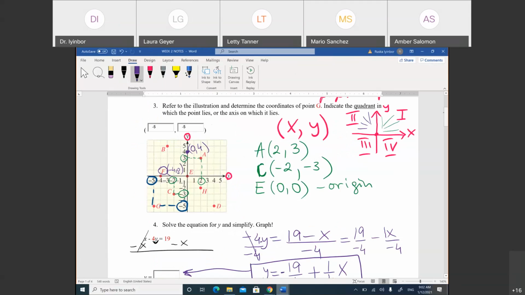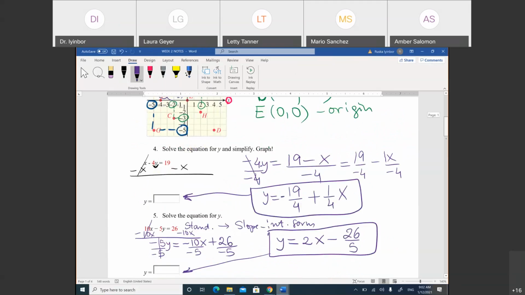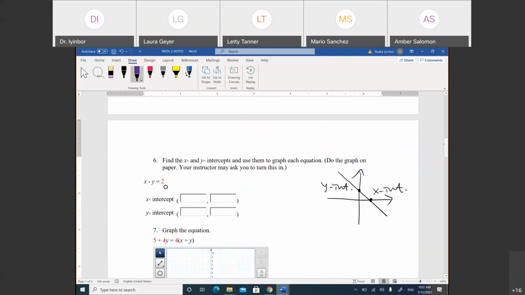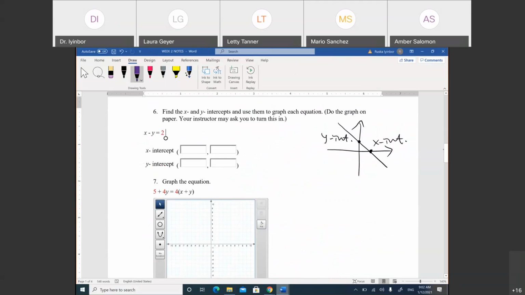So going back to number 6, that's the one you're doing. When you find the x-intercept, remember the first coordinate is x, the second is y. So if I find the x-intercept, then the second number, the y, is going to be 0. If I find the y-intercept, the first number is going to be 0.